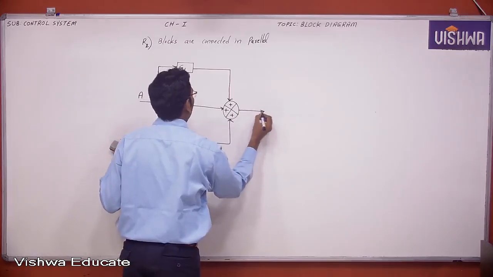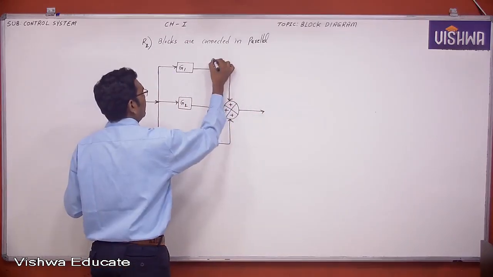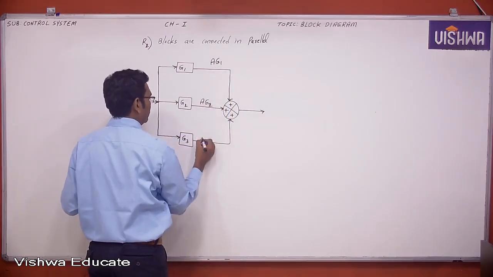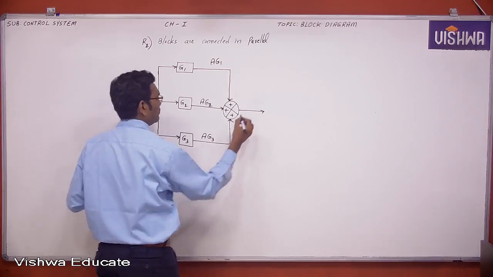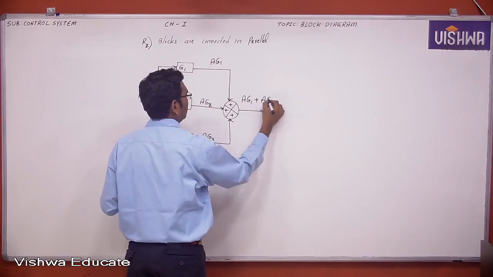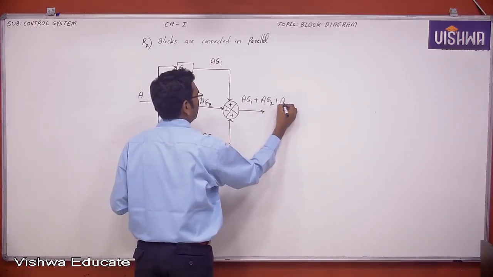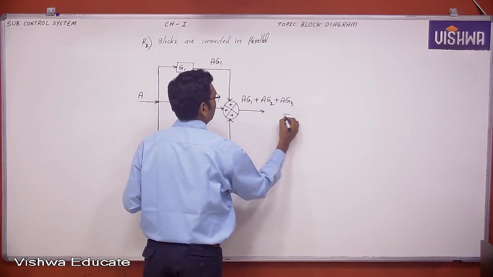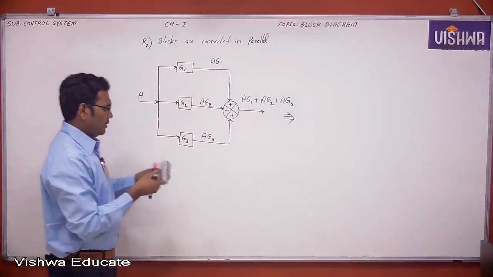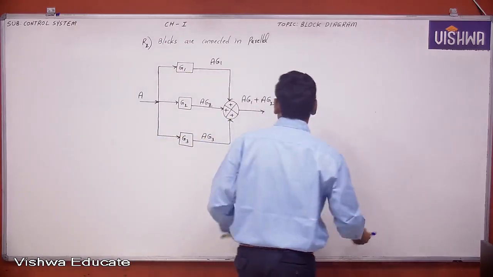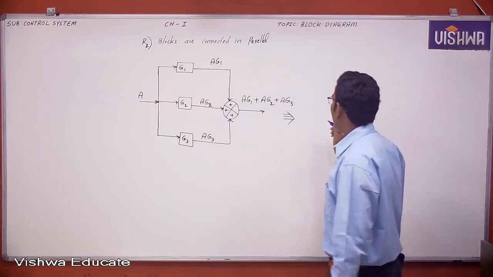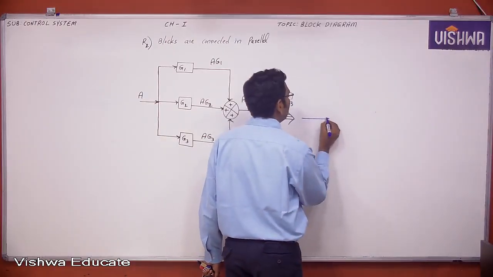Now see here, all these blocks are connected in parallel. When blocks are connected in series, the overall block gain is nothing but multiplication. When blocks are connected in parallel, then the overall block gain is nothing but summation.